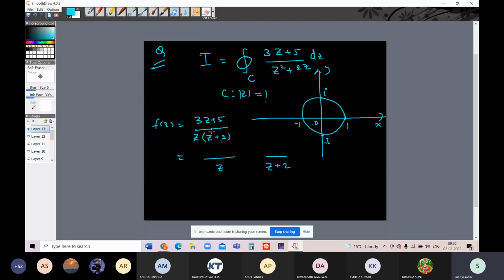Because we want 3z in the numerator, z + 2 plus z only gives 2z + 2, but we want 3z.